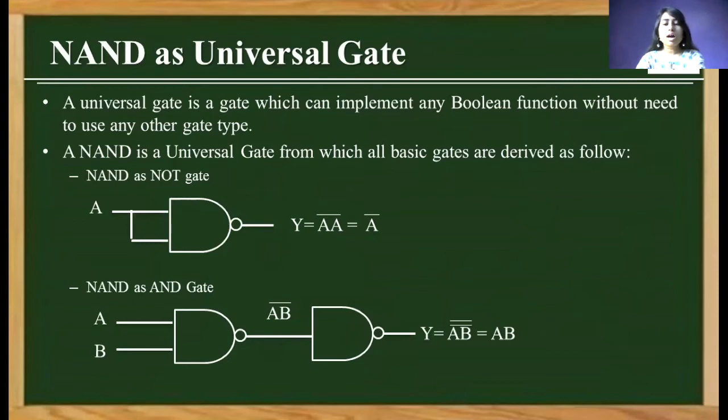So here we have the output AB bar whole bar, and according to the characteristic, the complement of any complement becomes the original number. That means A dash dash becomes A. For example, if we invert 0, we have output 1. If we invert 1, then we have output 0. That means whenever we invert any output twice, we get the original number. So here NAND works as an AND gate.